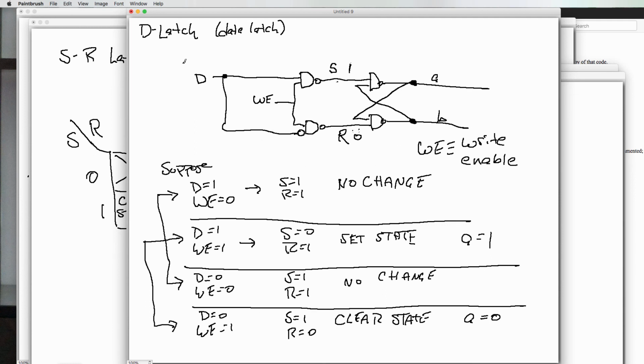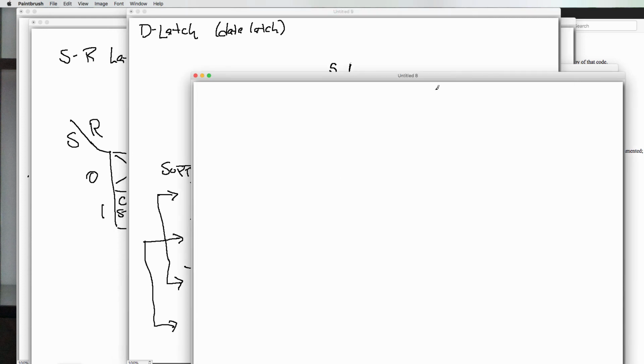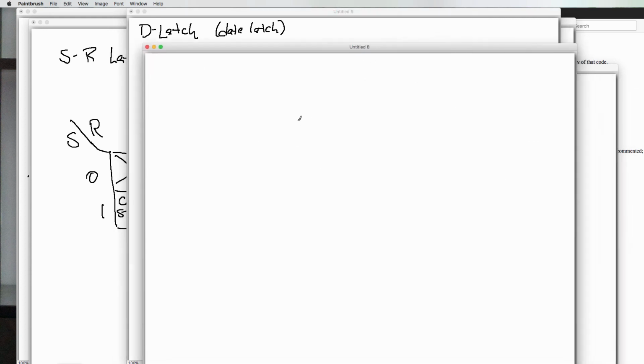This entire thing right over here is 1 bit of storage inside a computer. And again, schematically, it might be easiest to think about it this way. Here's a line coming in called D. Here's a line coming in called write enable.